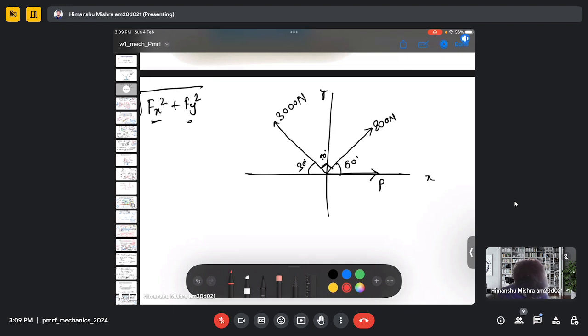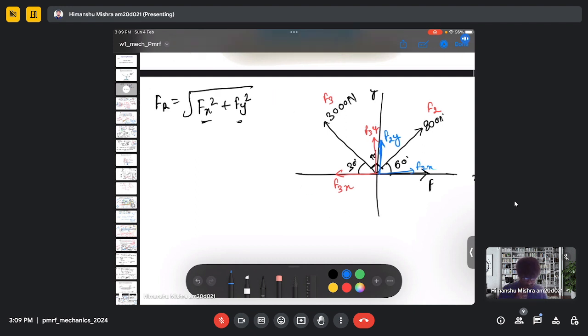Let's say this is F2 and this is F3, with components F3x and F3y, and F2x and F2y.